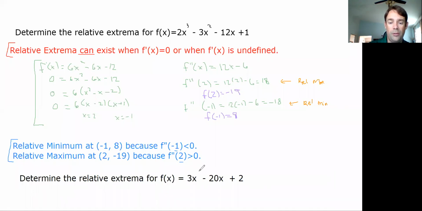So we had 3x to the 5th minus 20x cubed plus 2. So friends, why don't you go ahead and pause the video and try determining the relative extrema with that one using the second derivative test.